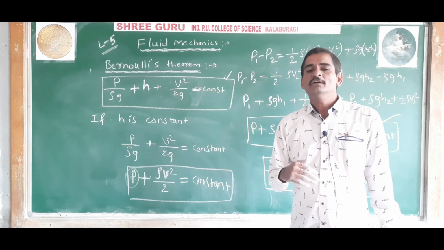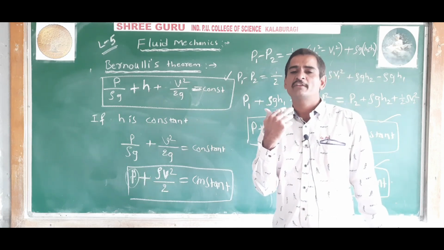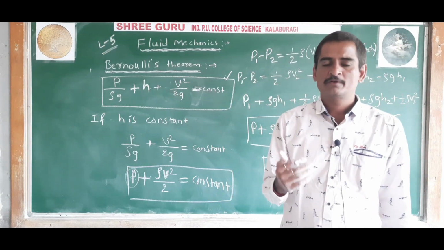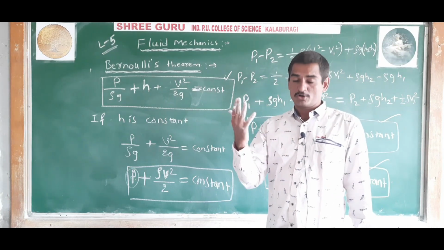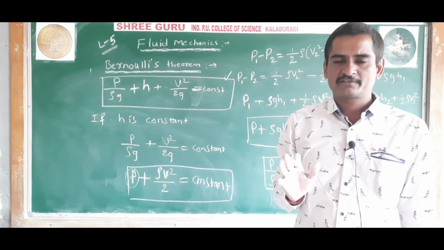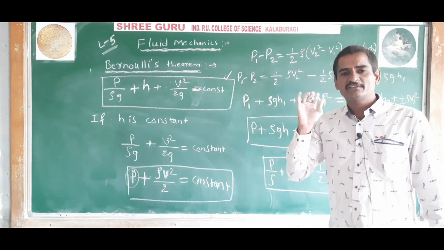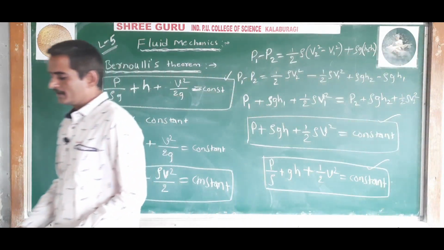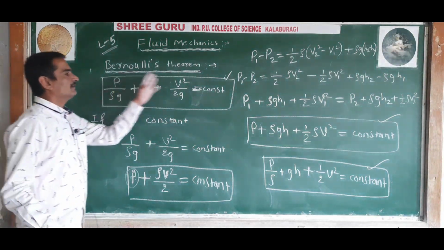So, if velocity of the fluid is more, at that point pressure will be less. If velocity of the fluid is less, at that point the pressure will be more. That is the relation obtained by Bernoulli's theorem.